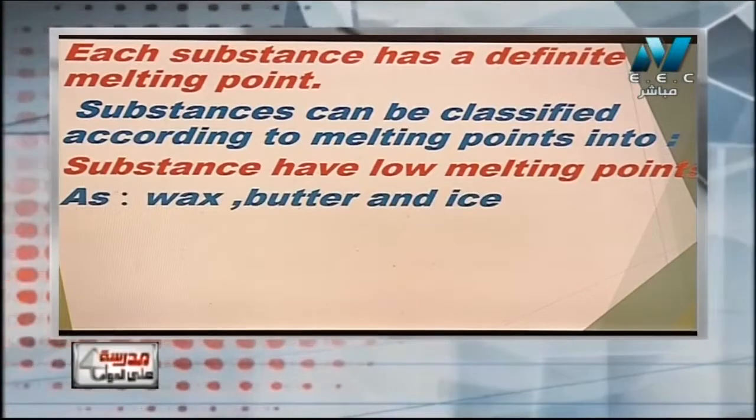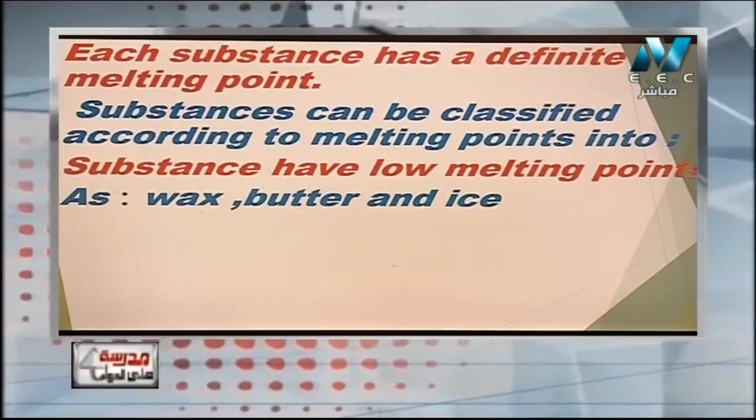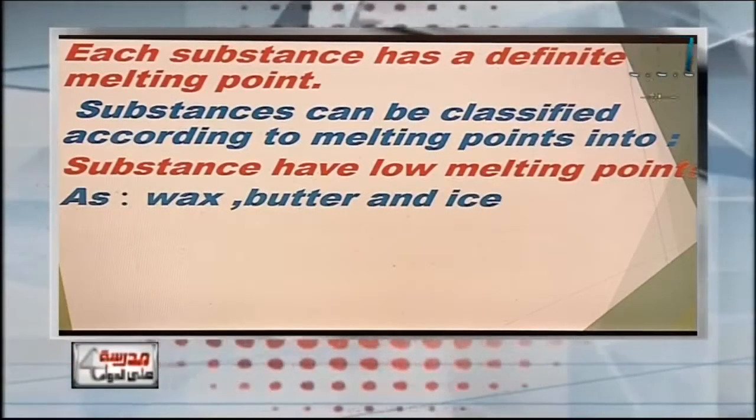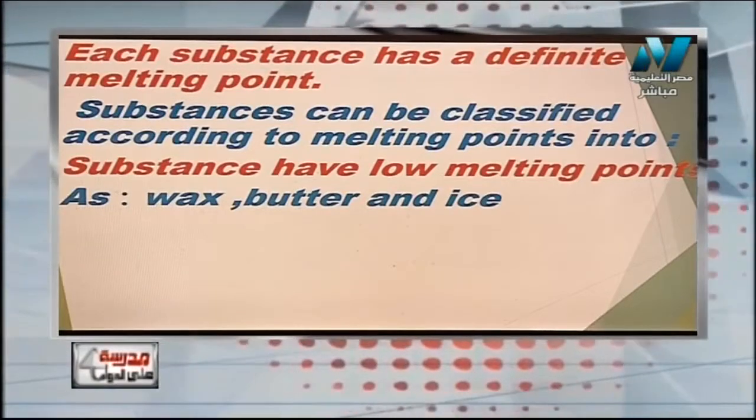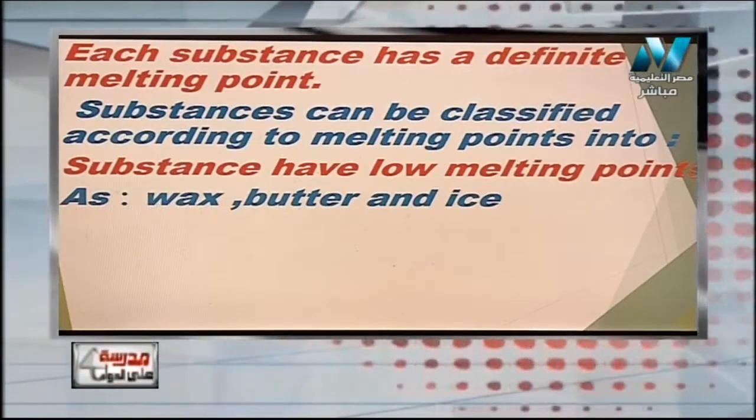The melting point of ice is 0 Celsius degree. If you take the bottle of ice from your fridge, what happens? It changes after a short period of time into water, because when ice temperature reaches 0 degree, it changes into water.